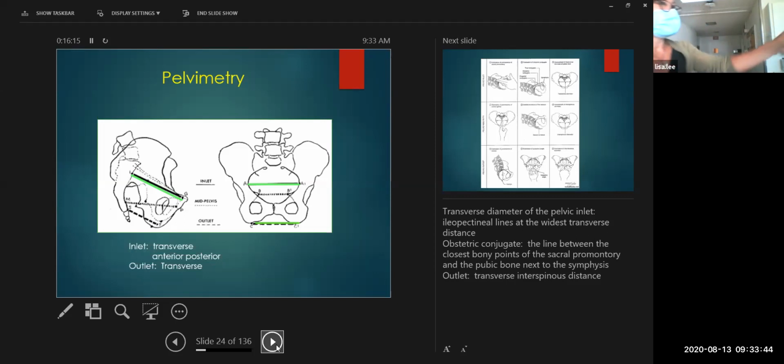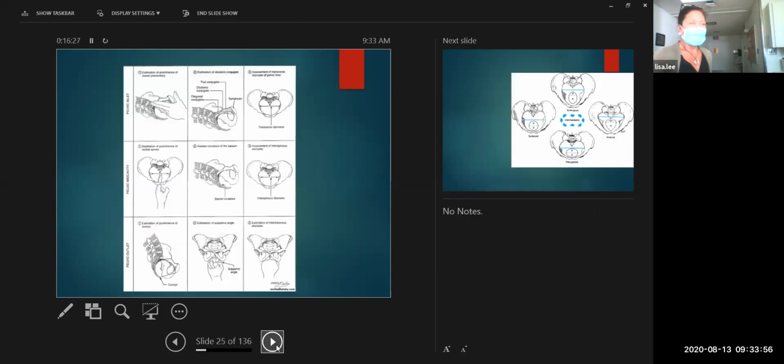Your pelvic outlet is the transverse, number C, between the two tubercles on the bottom, C to C, okay? Again, this is a picture from days old of how you would measure your pelvic inlet.